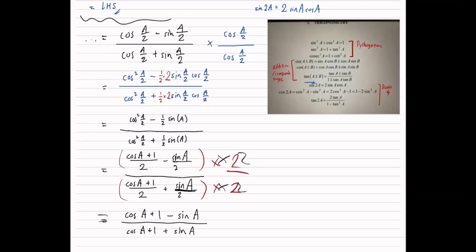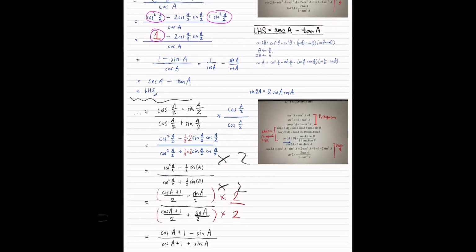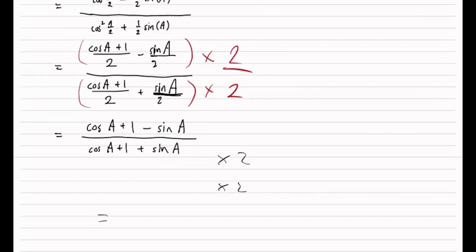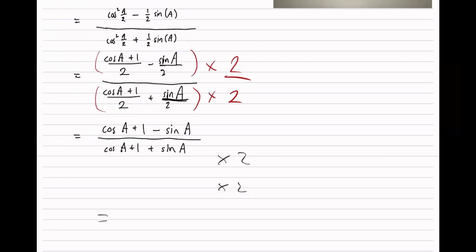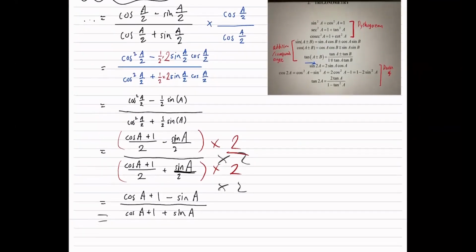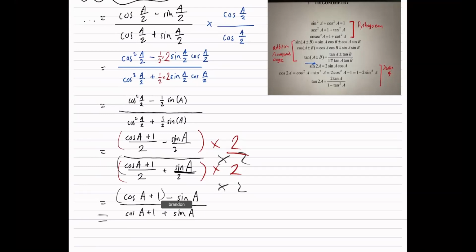Not really, yeah. Because we need to show secant A minus tangent A. I might have led you down a wrong rabbit hole. Cosine A plus 1 times the conjugate. I don't know. Times the conjugate. Sure, why not?